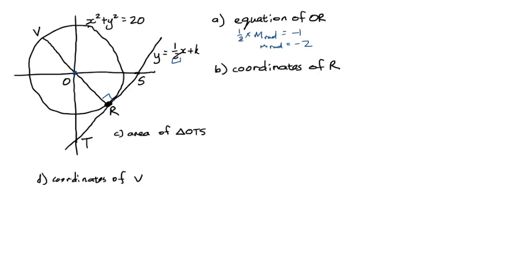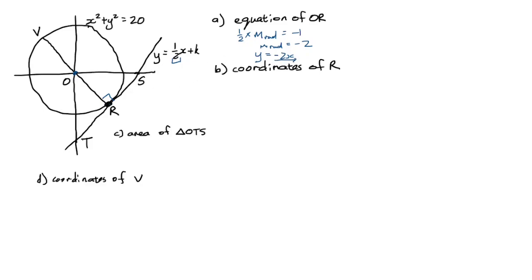It should always just be this gradient flipped around and the sign changed. That's the quick way. So the equation of OR would just be y equals -2x plus c, except we know that c, the y-intercept, is 0, so that's just the equation.